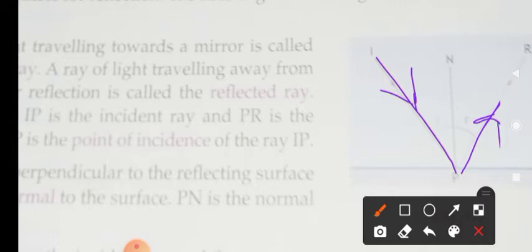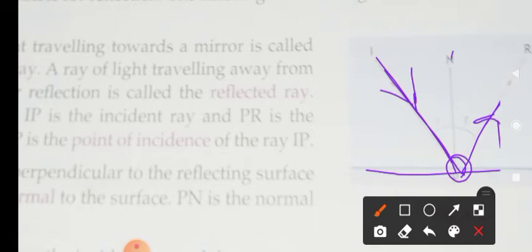Okay children. The surface that creates the reflection is usually a mirror, and this mirror should have a hatching. Actually, the silver or aluminum coating on the back side of the mirror is responsible for reflection. Do you understand, children? The point where the incident ray falls on the surface is called the point of incidence.